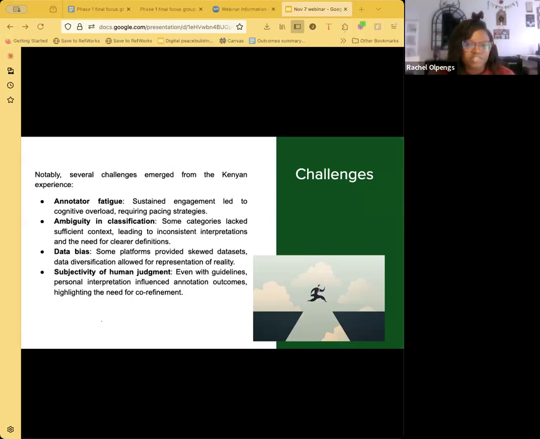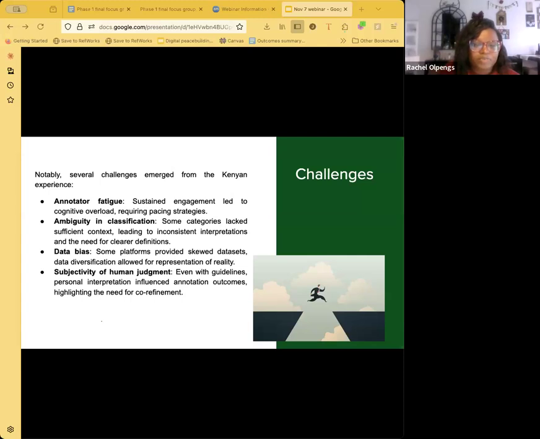Again, this came out in our discussions, and we were able to stand at a neutral place and acknowledge the personal biases that would influence how you annotate. So we were able to overcome this through discussions, reviewing how some of the disagreements were coming, and refining the process as well.